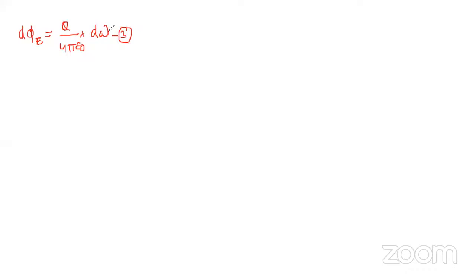So now suppose you want the total flux through the entire surface, then what we have to do is integrate this equation. So if you want the total flux phi E, not QE, it is phi E, over the whole surface.